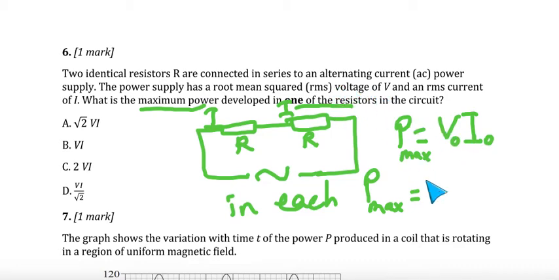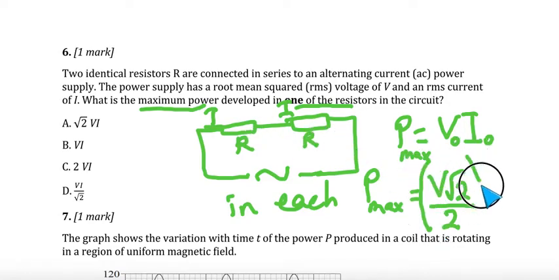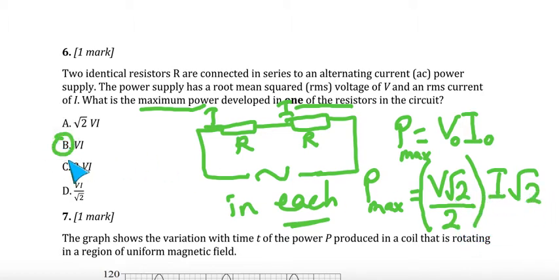Since V is the RMS, the peak will be V root 2, but half of it, because that's the total voltage, and half of this is the peak voltage of the whole circuit. Since these are in series, they're going to share. So this is the voltage on each, and the current is the same. I is given as the RMS current, so I0 will be I root 2. When you rearrange this, the root 2 times root 2 will divide by 2. It will cancel, so we have V times I. Our answer is B.